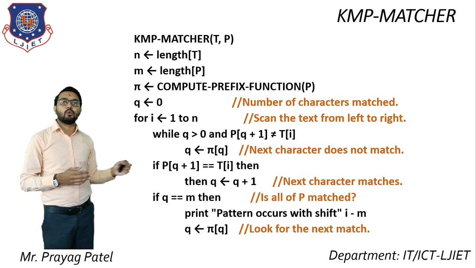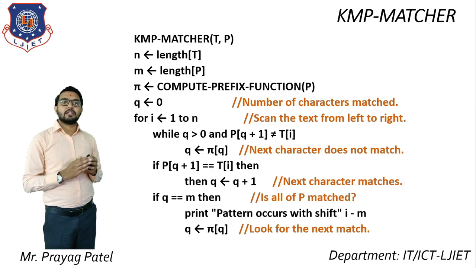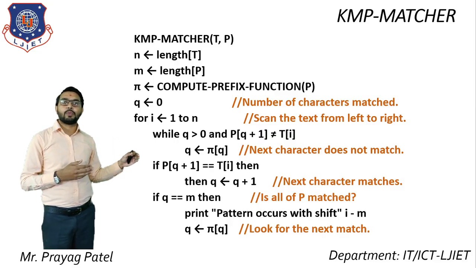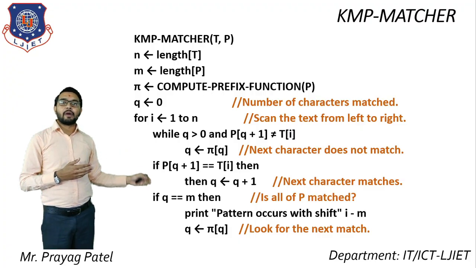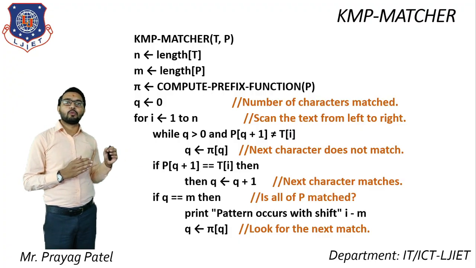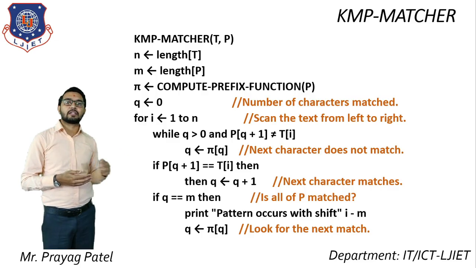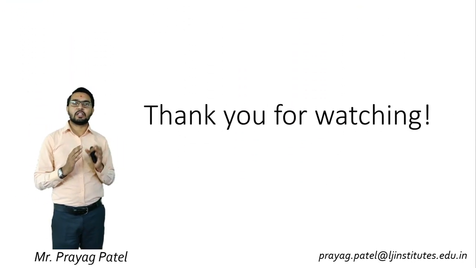If q equal to m, then it is considered a pattern match. So print that the pattern occurs with shift i minus m. And finally q equal to pi of q, to look for the next match. So this is the final algorithm for string matching.